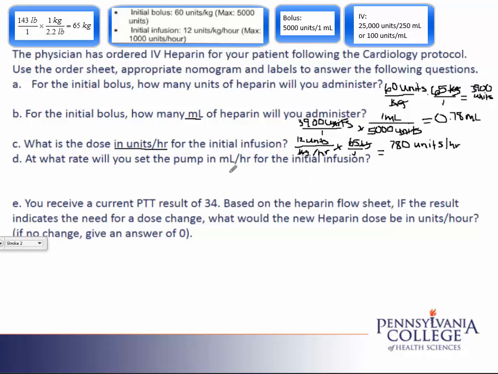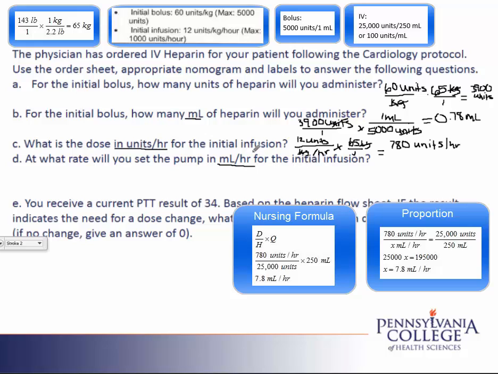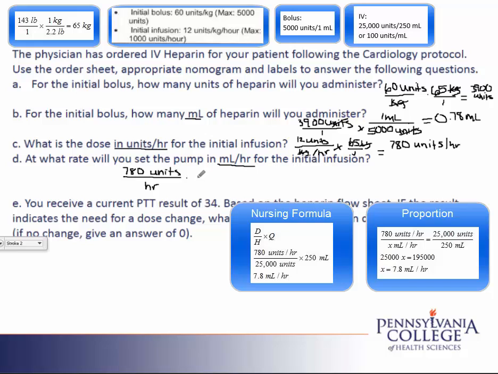Part D asks me to change this to milliliters per hour. Going to milliliters per hour means that I can use any method. I'm going to set up dimensional analysis, but you can use your preferred method. I'll start with the information that I calculated in Part C. To do my calculations, I'll use the med that's in the IV bag. As we talked about before, you can use the full numbers or you can use the reduced fraction that expresses the concentration.